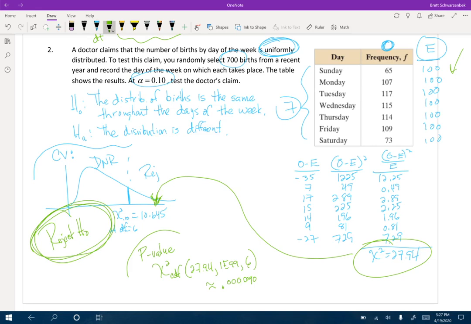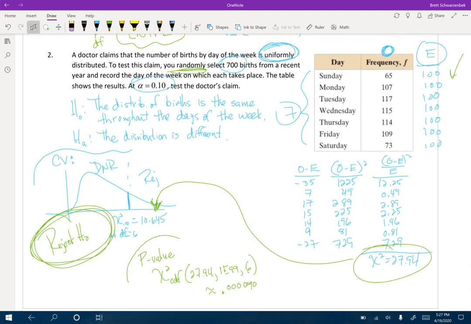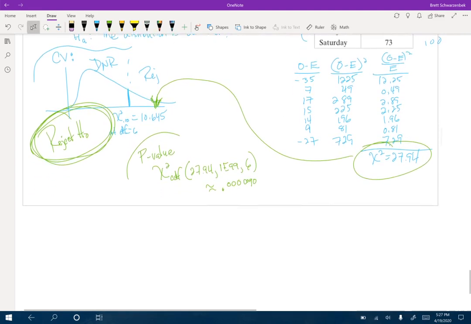Worth noting, as a side note, even though you have to go by what the book does, I tend to tell students to make sure all are bigger than 5. If there's one that's not, it's not a big deal, but if you start getting a bunch that are not bigger than 5, then that's an issue. They also did random selection, so we're all good with assumptions, and this again is a good example of a goodness of fit test.